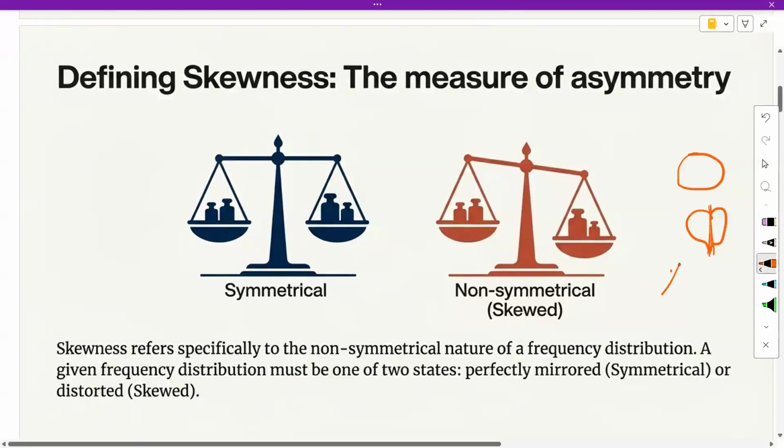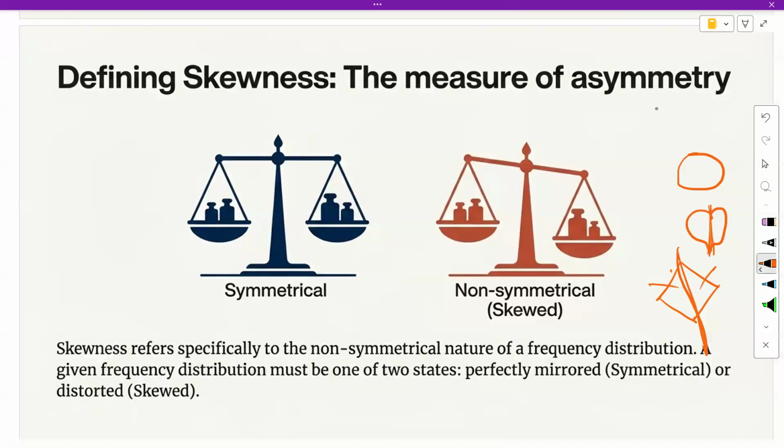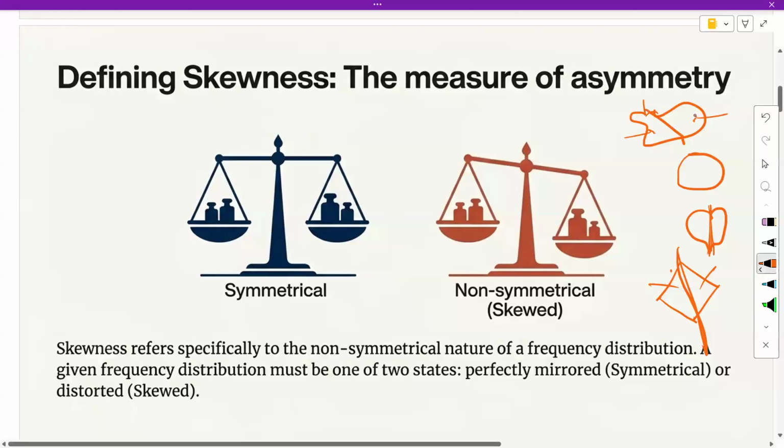And when we take a box like this, if we divide it by 2, both sides are equal. This is symmetric. What is asymmetric? Here, when we divide into 2, both sides are not equal. If it is a leaf and you cut somewhere here, it is not symmetric. The shapes are different from each other.